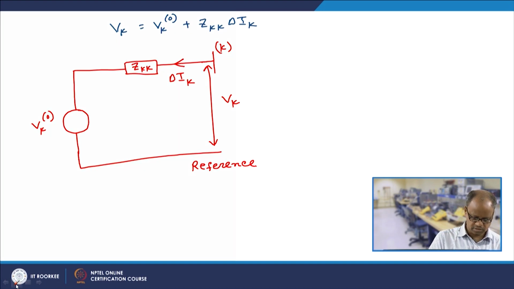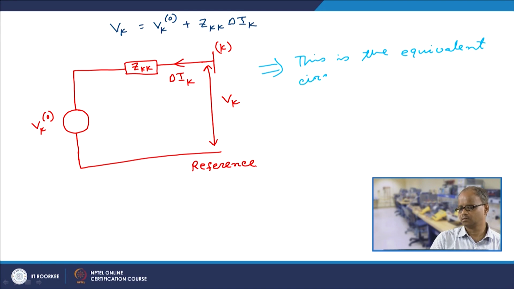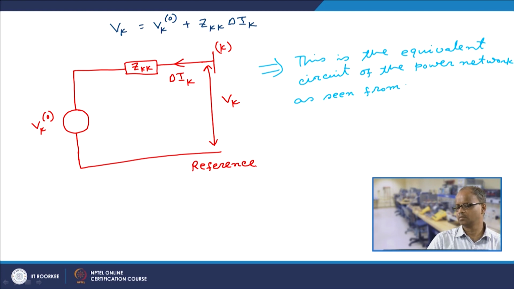We can write down that this is the equivalent circuit of the power network as seen from bus k and reference. Reference is nothing but ground.